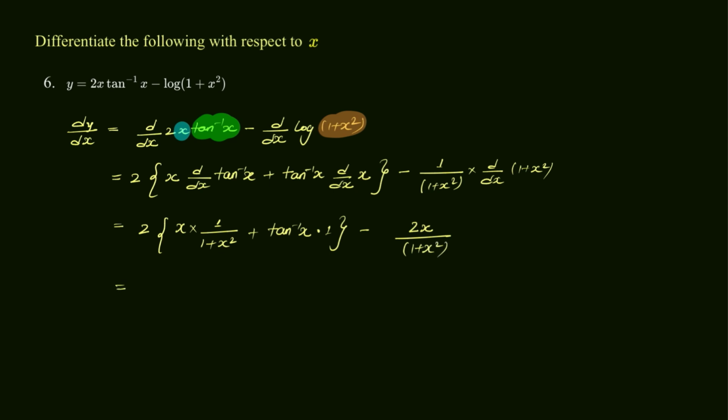Now let us simplify, then we will have 2x by 1 plus x square plus 2 tan inverse of x minus 2x by 1 plus x square. So here the first term and third term cancel to 0. So my final answer will be 2 tan inverse of x.